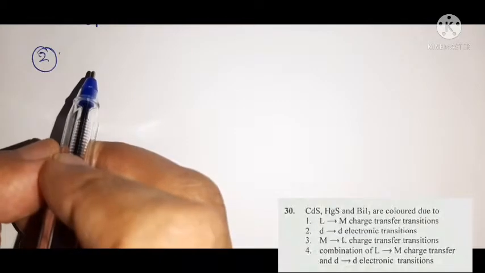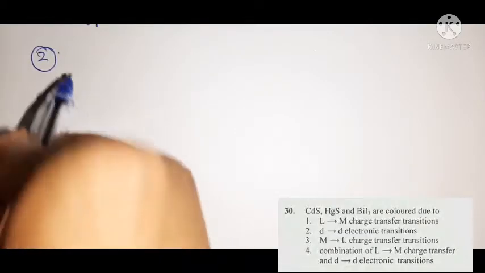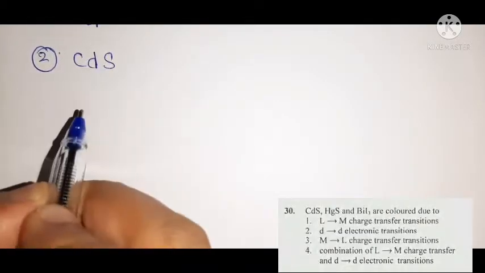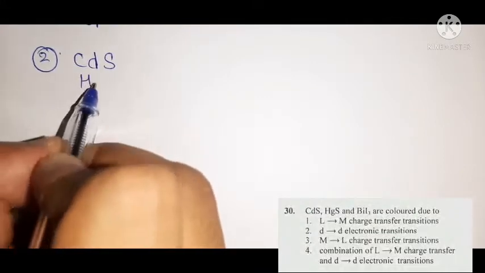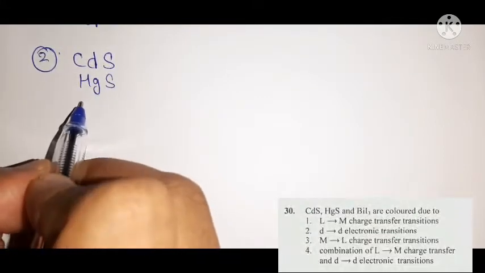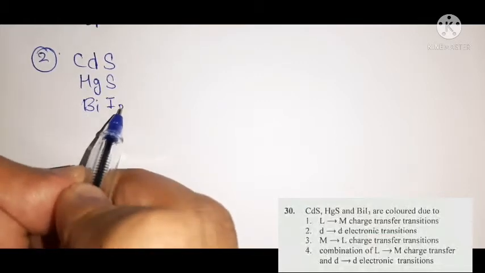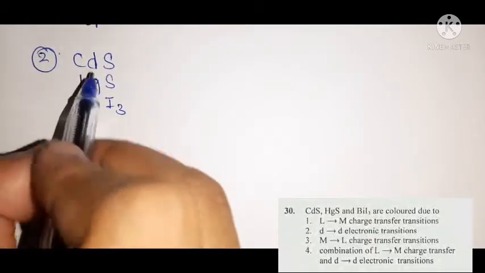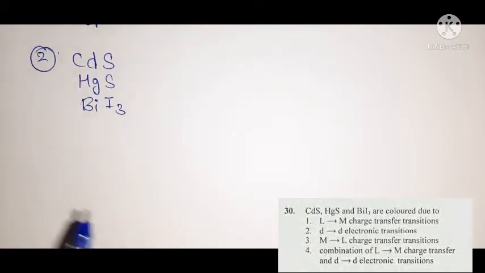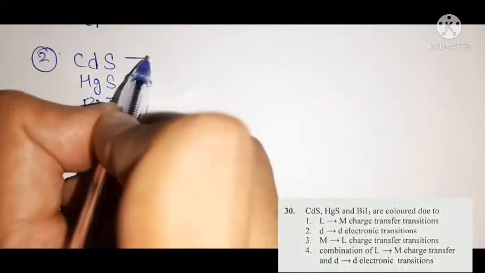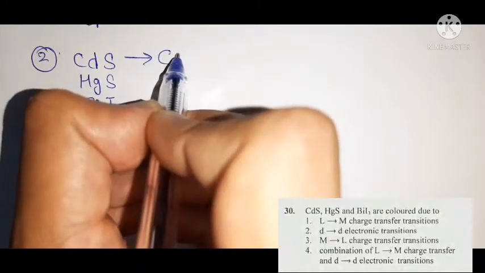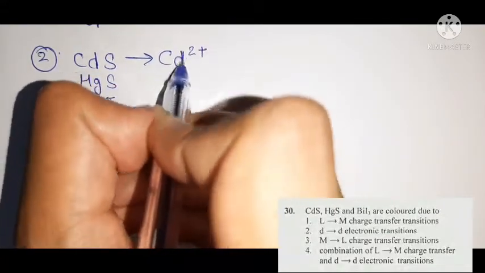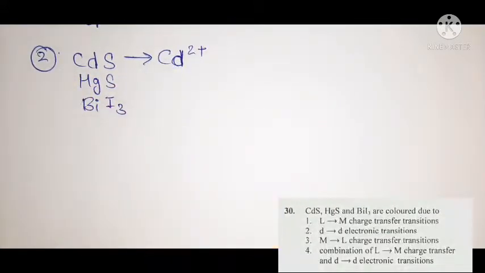So friends, in this question we have three compounds. The first one is sulfide of cadmium. The next one is sulfide of mercury, and the last one is triiodide of bismuth, BiI3. So this is cadmium, this is mercury, and this is bismuth. Cadmium is present in the +2 oxidation state, because sulfide has a -2 oxidation state.